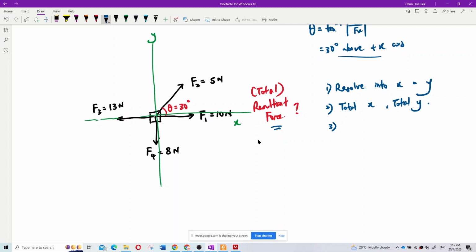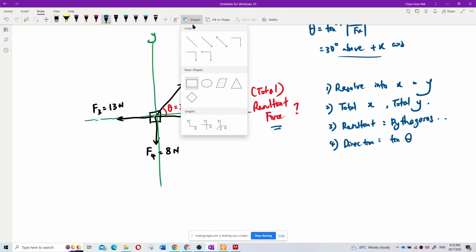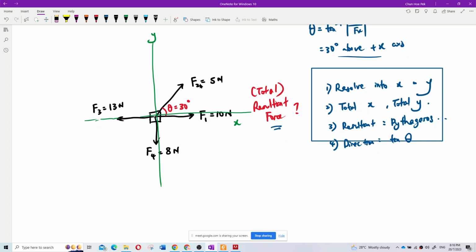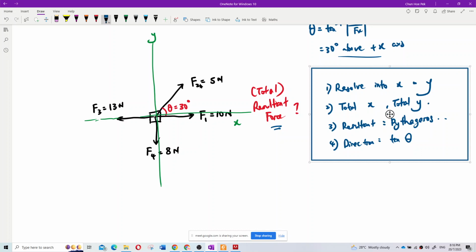Thirdly, we find the resultant vector using Pythagoras theorem. And then the fourth, we find the direction using tangent theta. Those are the steps of it. Understand, class?